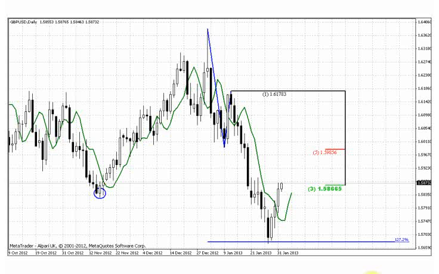Well, let's start from the daily time frame. You can see our market has shown a nice thrust to the downside, right to the 127 extension of that A, B, C top pattern, and has formed an excellent, you could say perfect, bullish engulfing pattern.